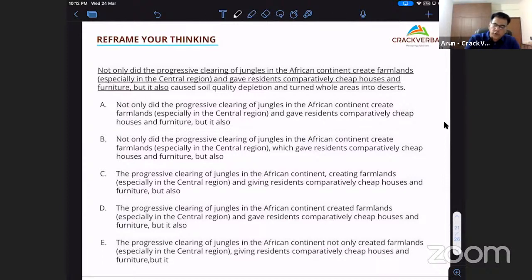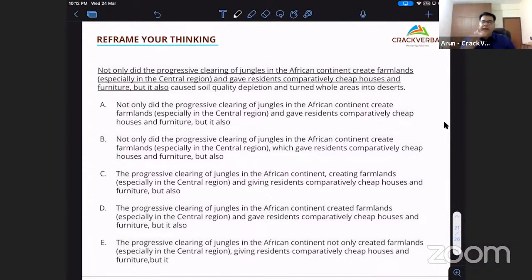When is it used? We use it when you have two positives or two negatives, right? So we could say he was not only very generous, but also very handsome, right? Or you could say two negatives. He was not only very evil, but also very ugly. But you're not going to say he was not only generous, but also ugly, right?